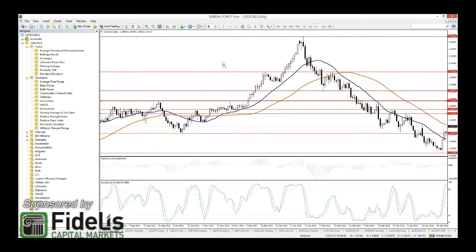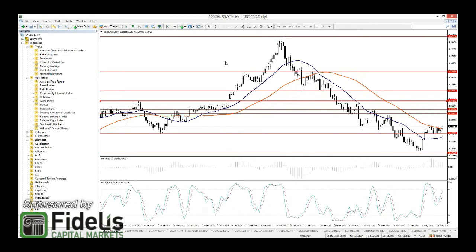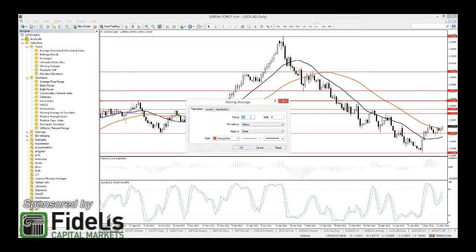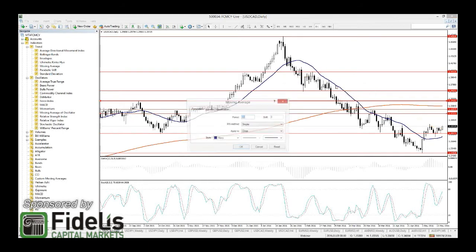Of course, apart from the double crossover method, we can use the moving average for price crossover signals, when we have a shorter term moving average again, but then a long term moving average applied on the chart. Let me change the period for this one. I would make it 200, so we will have a 200 moving average, and then we also have a 20 moving average.